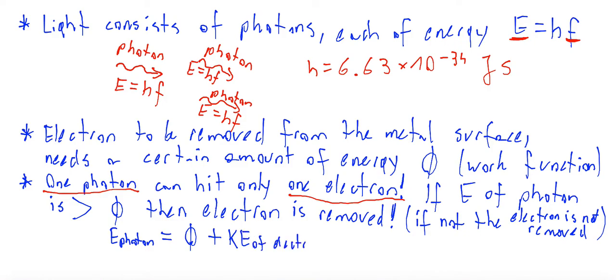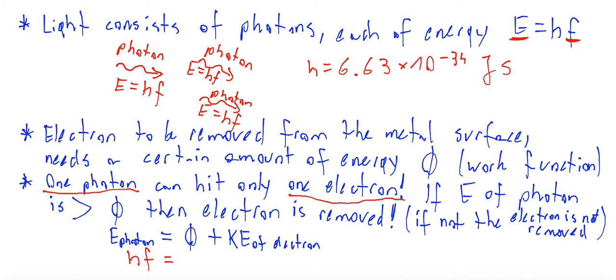So if a photon has high enough energy, then the electron is removed, and the rest is the kinetic energy of this removed electron. The bigger the frequency is, the more kinetic energy the electron has, which means that a bigger voltage is needed to stop it, which confirms observations.